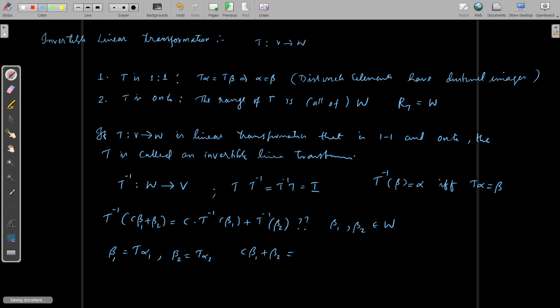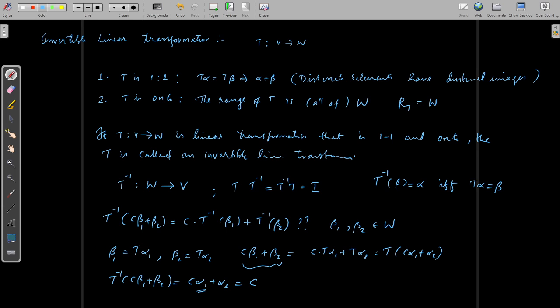By definition of the sum, you can write it as c times T alpha 1 plus T alpha 2, that is equal to T of (c alpha 1 plus alpha 2), since T is a linear transformation. This shows that T inverse of (c beta 1 plus beta 2) is equal to c alpha 1 plus alpha 2.